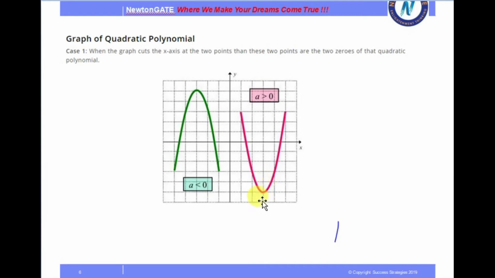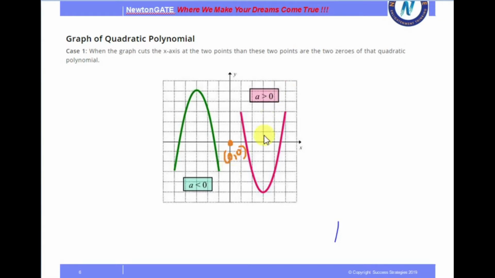Well, always remember that whatever the graph is, we just consider the number of times it is intersecting the x-axis. We do not see how many times it has intersected the y-axis or any other. But yes, do remember that the origin is also a part of the x-axis. 0, 0 is a part of the x-axis as well.